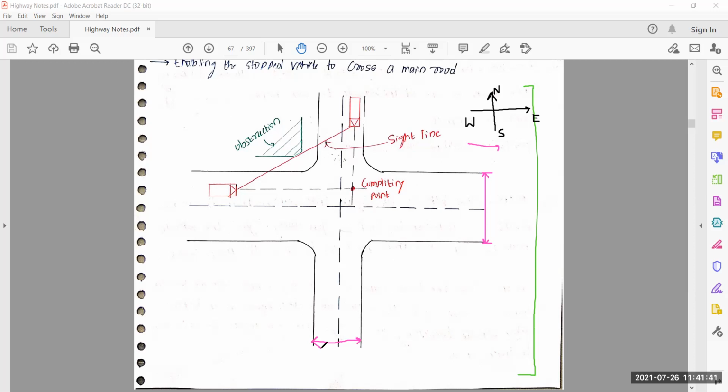Yes, sir. Okay. So the width of the road moving from west to east or east to west is more than the width of the road moving from north to south or south to north. So here also, when you travel on this type of intersection, just wait.